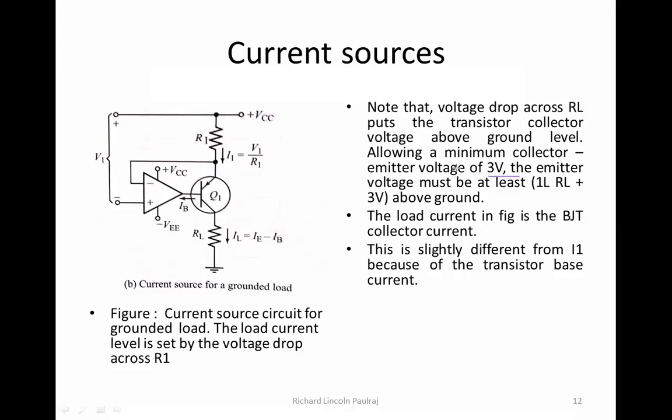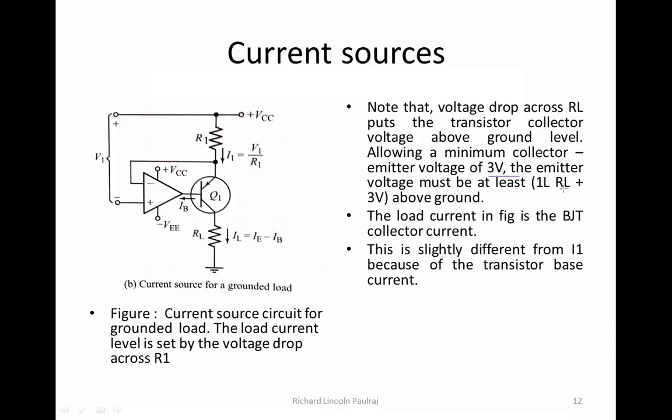So if I need to have a minimum collector emitter voltage, that is, if I have to have approximately 3 volts when I measure between the emitter and collector, then the emitter voltage must be at least IL into RL. Sorry, this is not 1L, this is IL.